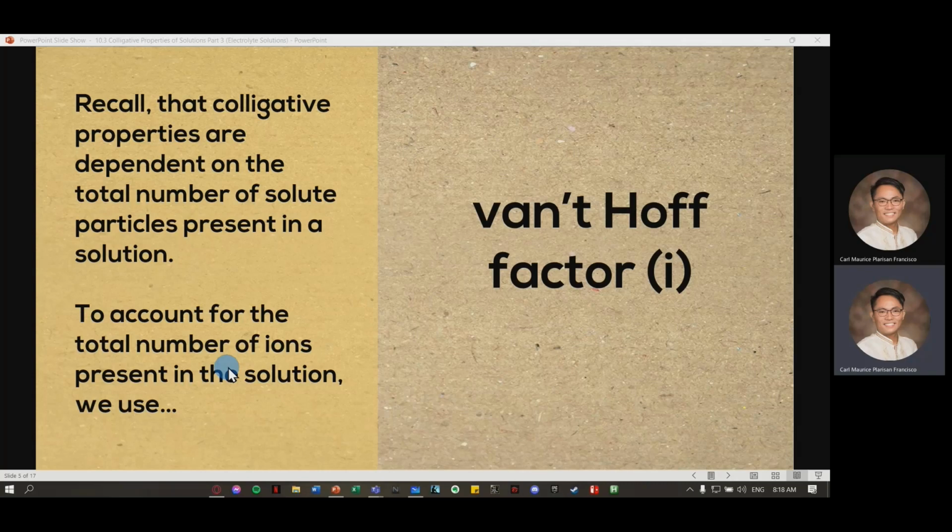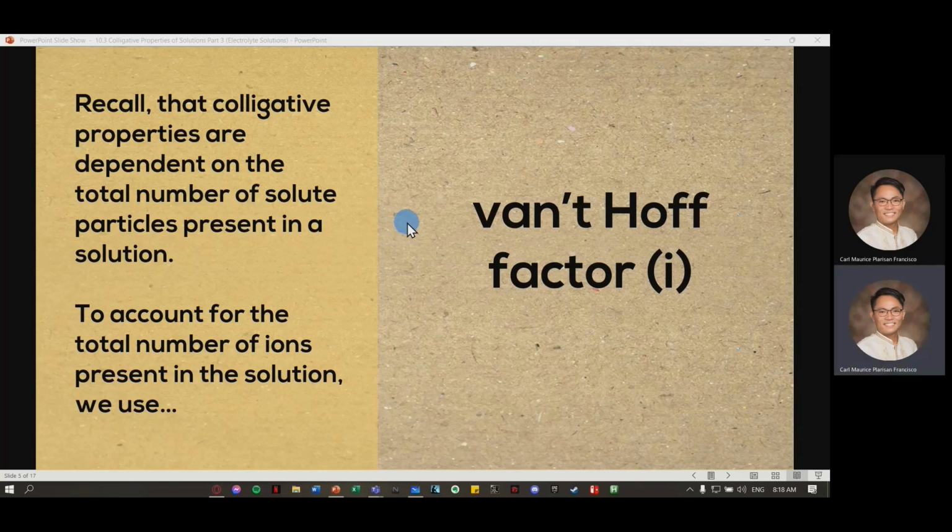We account for the number of ions formed from the dissociation of electrolyte solution through the Van't Hoff factor. So, ibig sabihin po, kapag colligative property ng electrolyte, merong dagdag na Van't Hoff factor. Okay? Para maibilang natin, para ma-account yung mga ions na mag-form kapag ang electrolyte ay nagdi-dissociate. Okay? Maliban na dito sa number of solute.